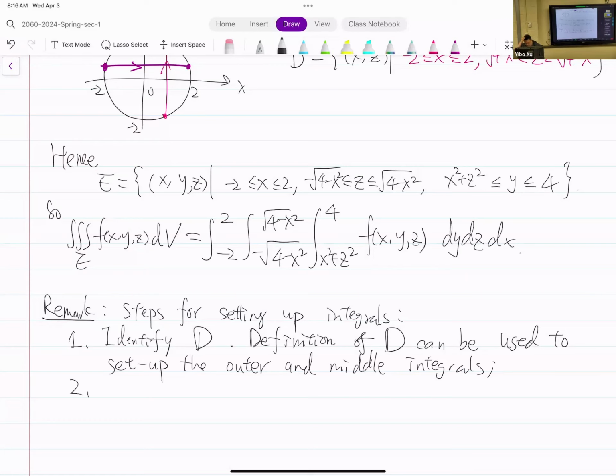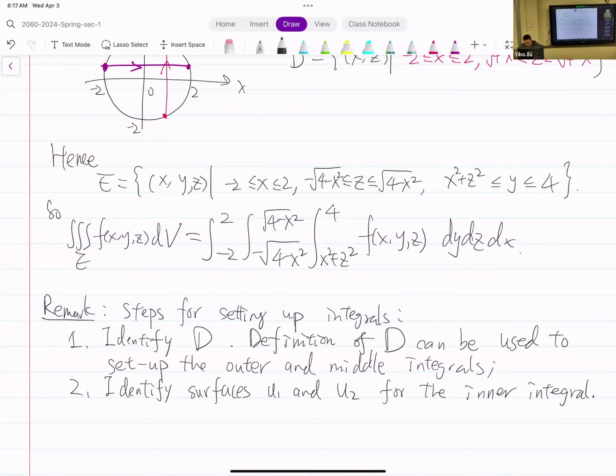Then once we decide D, we have the second step, where we need to identify the surfaces U1 and U2 for the most inner integral. And of course, once we have everything, then we put the things together.